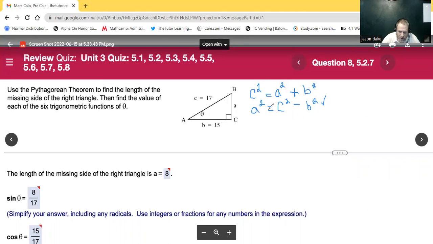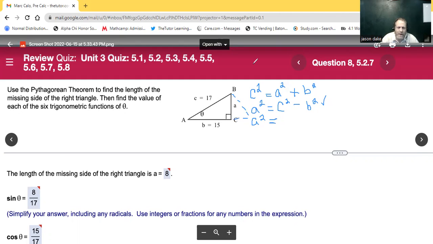So let's fill in the gaps. A squared equals, what is c squared? C squared is 17. And now remember from geometry, why do we call it squared? Because we're only focusing on one side of a triangle. There is another side here, we're just not addressing it.